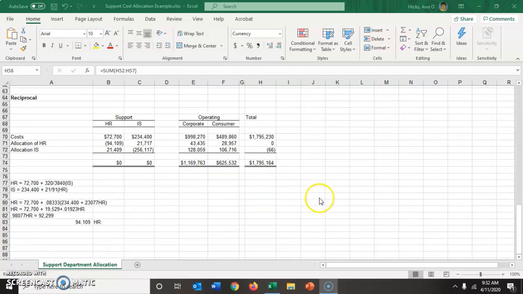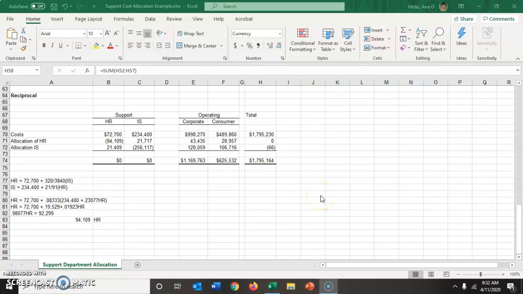Okay, the last approach I'm going to walk us through fairly quickly. It's called the reciprocal approach, and this is an approach wherein we acknowledge the fact that HR and IS do work for each other. And so we allocate back and forth between them.